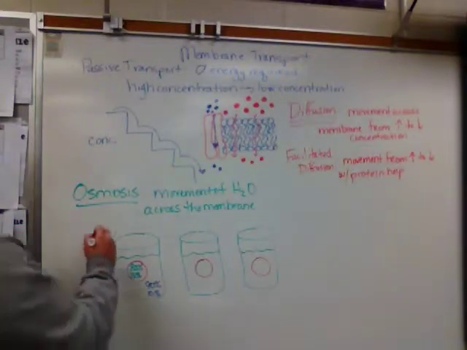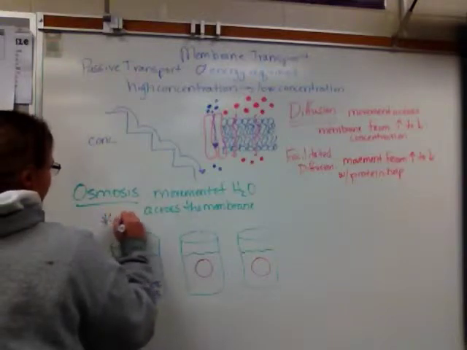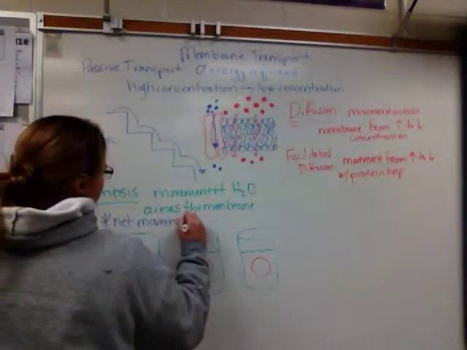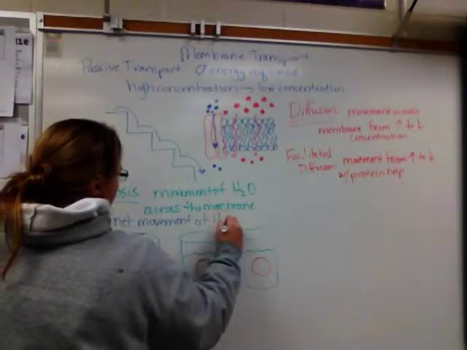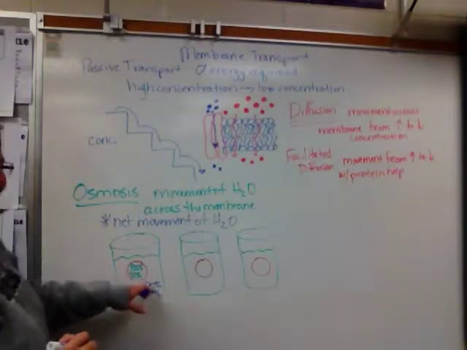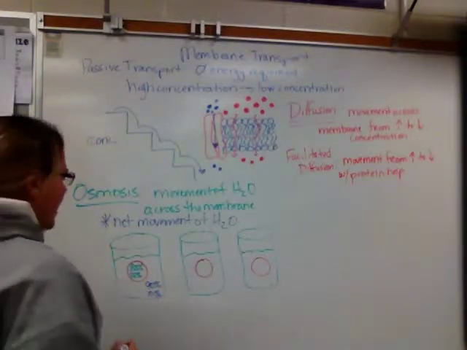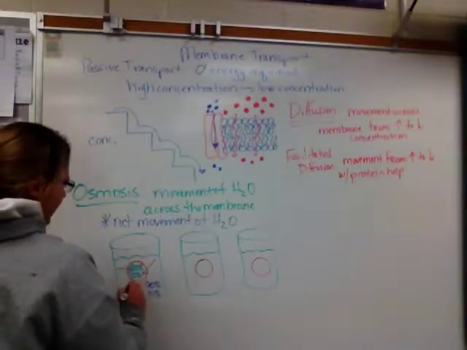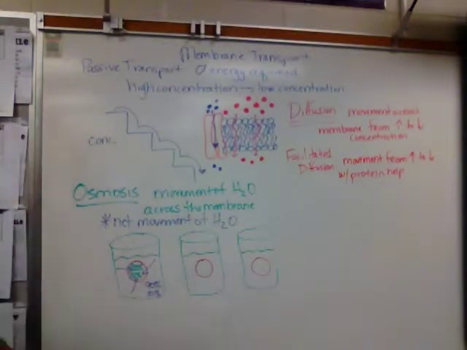When we talk about the osmotic effects, I want you to think of the net movement of water. So I'll write that right here: net movement of water. If I have 85% water on the inside and 90% water on the outside, the net movement of water is going to be into the cell.